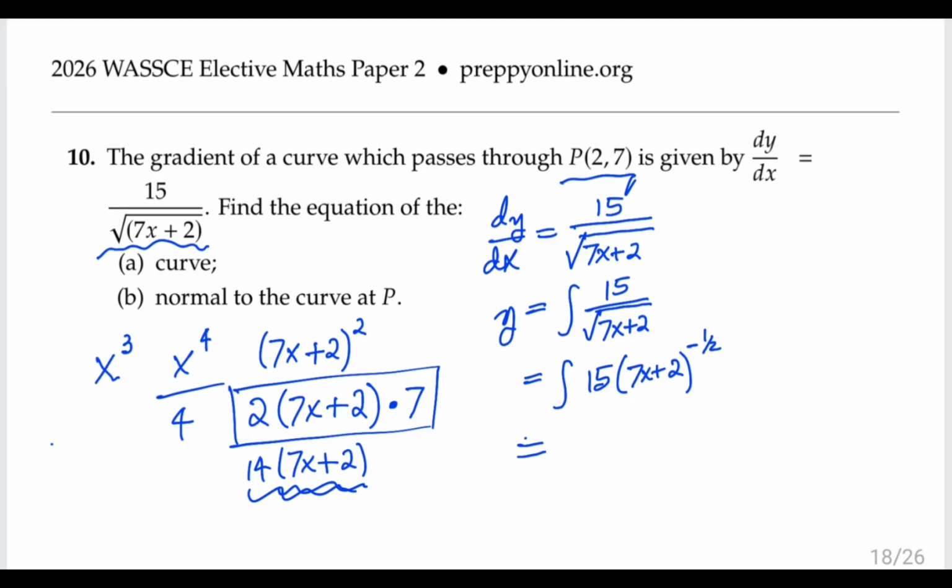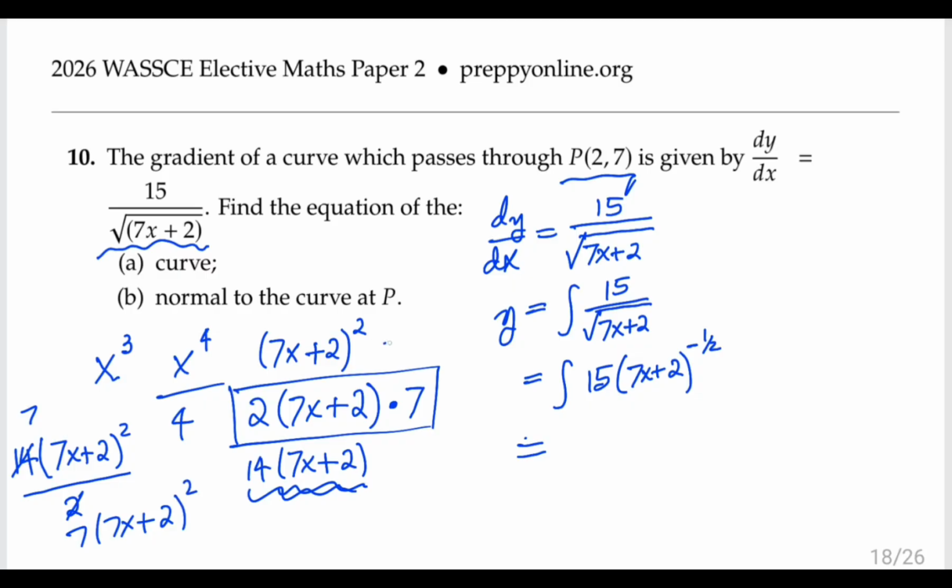When you do that, you get (7x + 2) to the power 2. Then you divide by the new power. We have the 14 here. Divide by the new power, that is 2. So let's do that and see what we get. When you do that, you get 7 times (7x + 2) all squared.